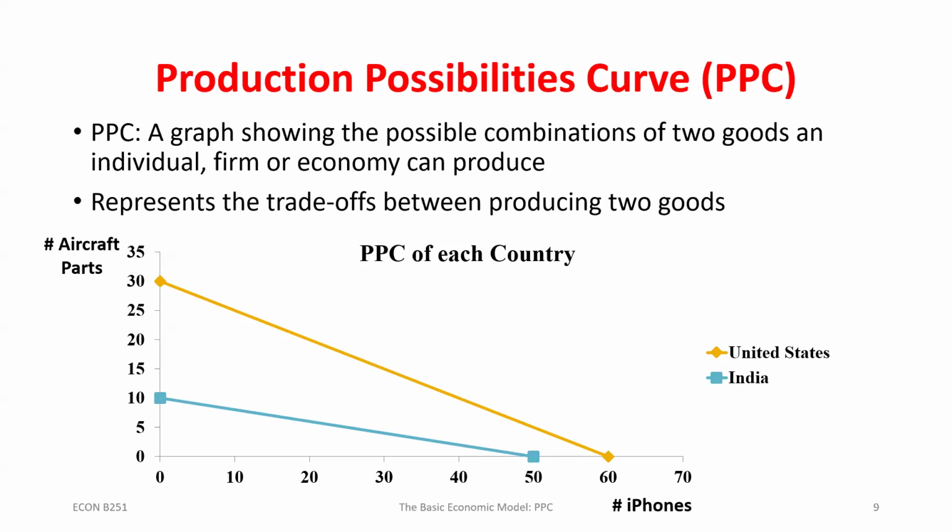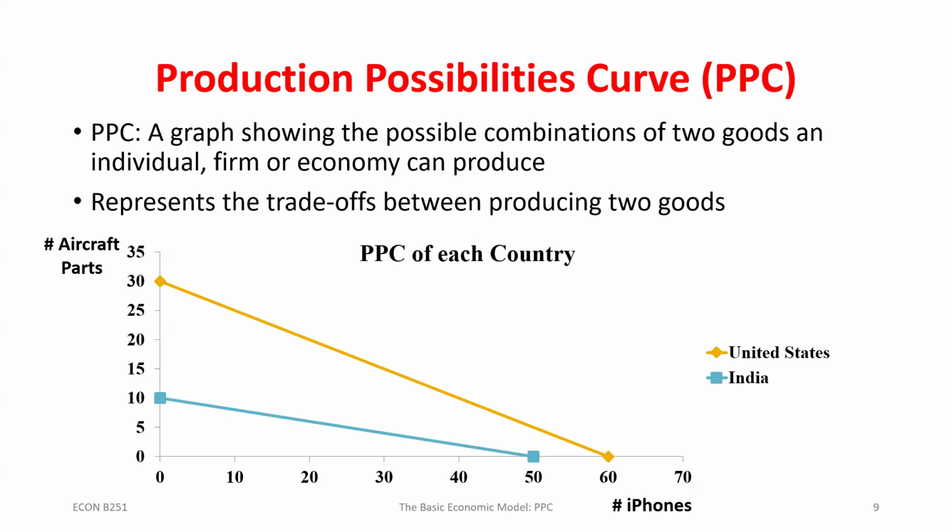Okay. So who's going to have a comparative advantage in aircraft part production, or who can produce it at a lower cost? Well, for the US, what represents the cost of the x-axis good? The slope of our production possibilities curve. Right? So what's the slope of this production possibilities curve?